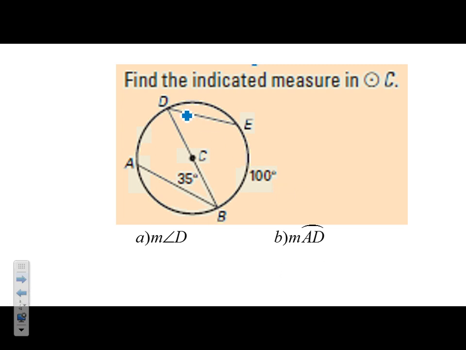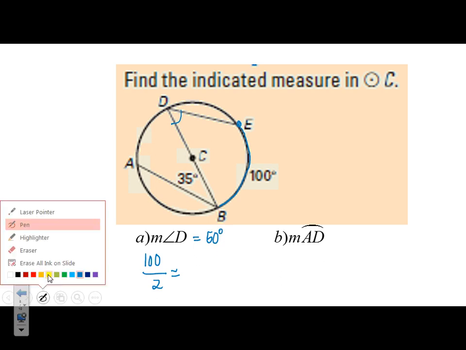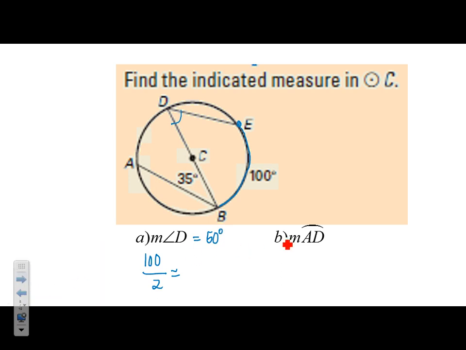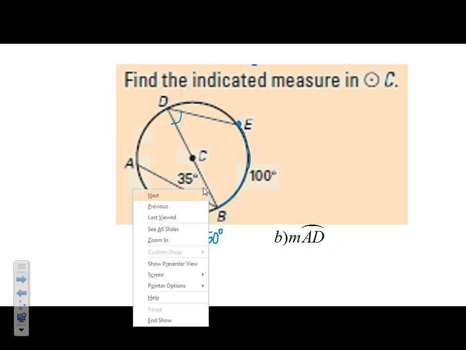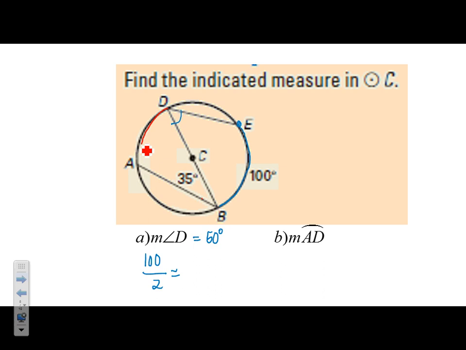If I look for the measure of angle D, there's D, and if I look for the intercepted arc, I know that the intercepted arc is 100. If I divide that by 2, the angle would be 50 degrees. Okay, now let's find the measure of arc AD. Well, I know that arc AD is right here, okay?